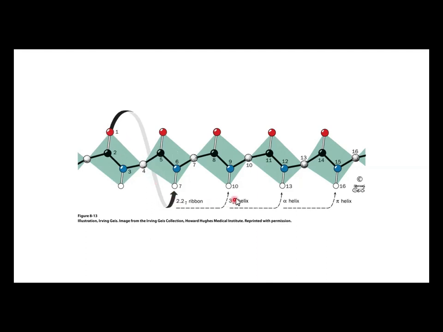So the most common one that we're going to focus on is the alpha helix. In the alpha helix, the oxygen gets together with a hydrogen 1, 2, 3, 4 nitrogens away. So it's known as the 1,4 helix. It's the fourth residue up that forms a hydrogen bond.